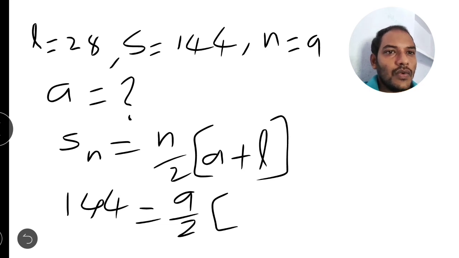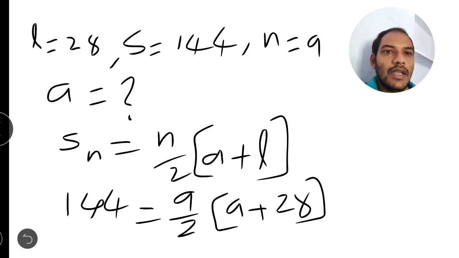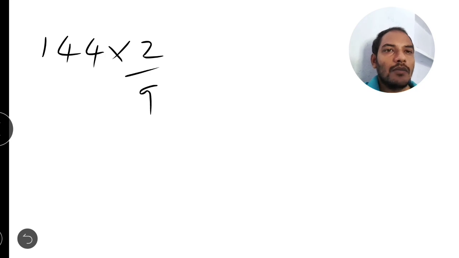A value is the required answer. L value is 28. Here 9 by 2 is not possible, so 144 into 2 by 9, because here 9 by 2 is multiplying completely A plus 28. So when you transpose to the left side, the fraction becomes reversed.